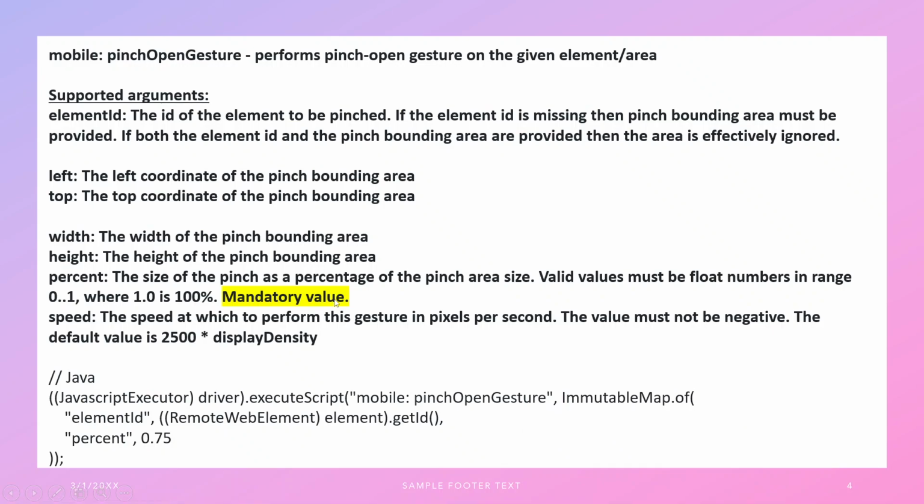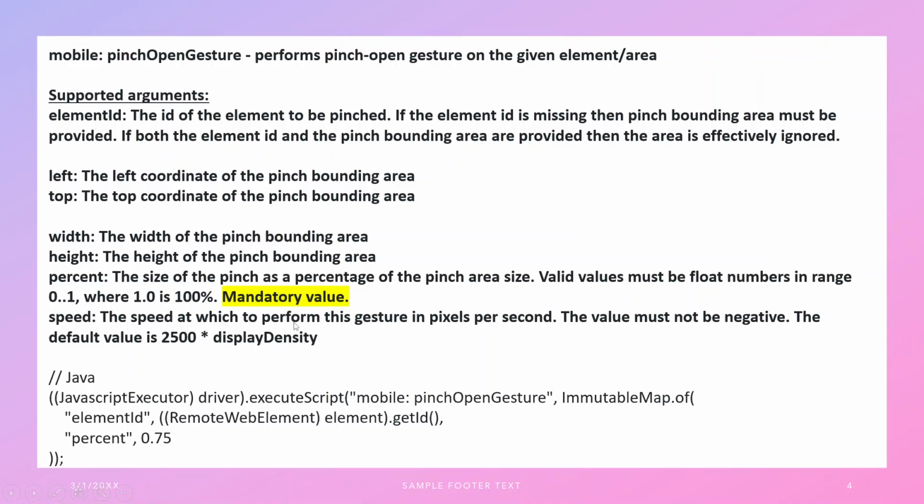The next one is the speed. The speed of the pinch open, that is the speed of zoom, and it is optional. If we do not give this one, the default value will be 2500 into display density.